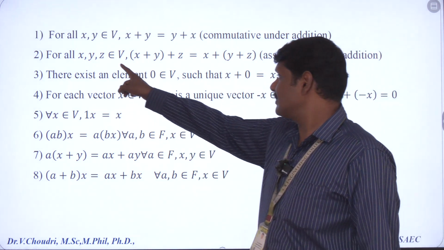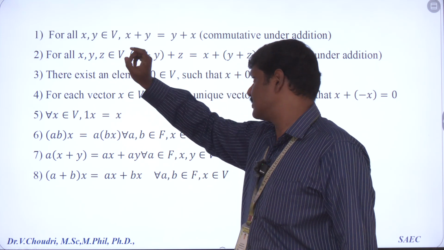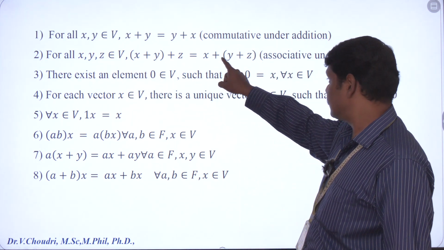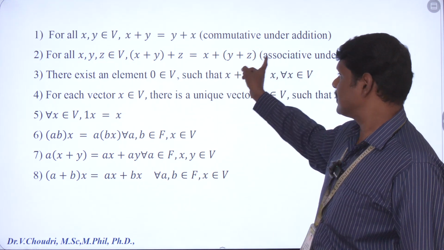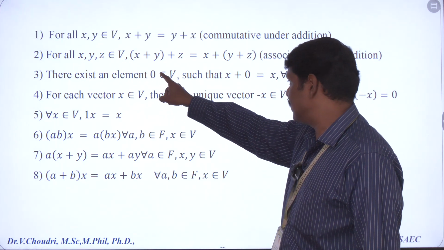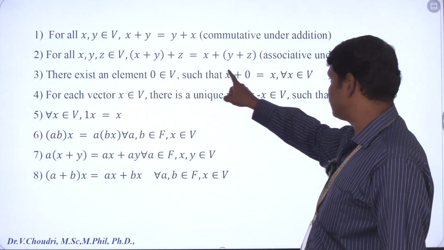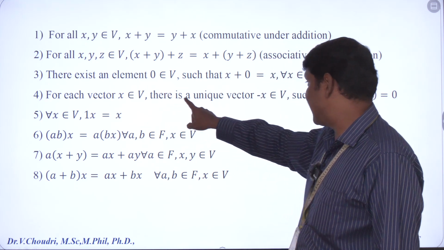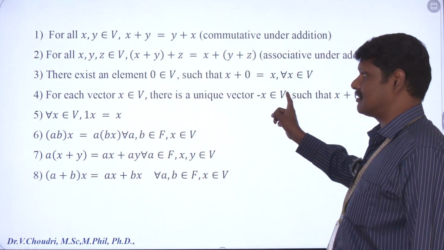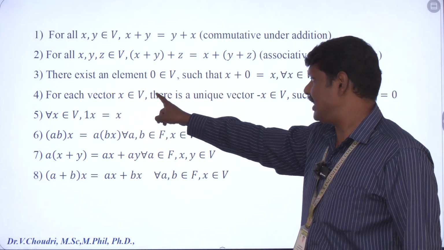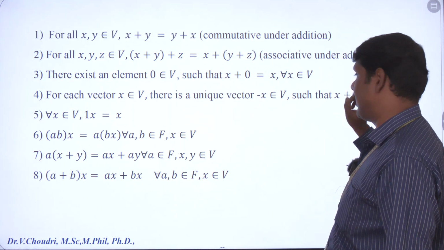Next, taking three elements x, y, z, then (x plus y) plus z or x plus (y plus z), both are present in V. Next, there is an element 0, called the identity element under addition. Here, for each vector x belonging to V, there is a unique vector minus x, called the inverse element of x. Each and every element of V has an inverse element under addition.